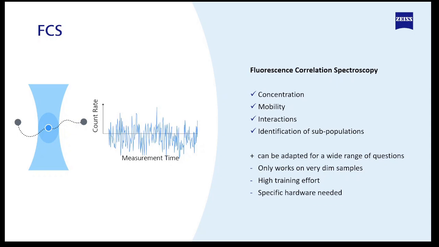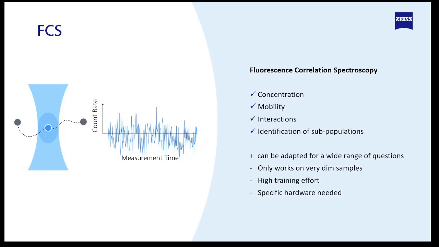This is a method of assessing molecular dynamics by measuring the fluorescence going in and going out of the observation volume, and the movement is recorded by the count rate, and the count rate curve is mathematically analyzed to extract a lot of information on different parameters like molecular concentration, mobility, interactions, and identification of subpopulations.